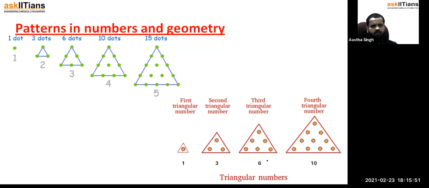It is only showing the pattern. If a single dot is there, and you go to the next step, then three dots are there, and then six dots are there. Just remember these diagrams and all, right?